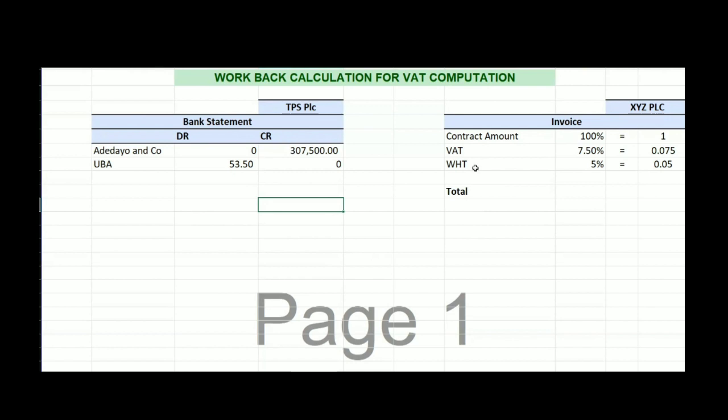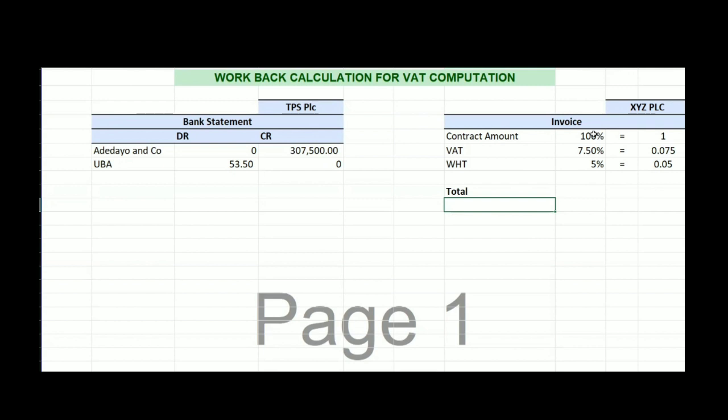And then most times it will have withholding tax, which might be silent, which is expected that you as the accountant or the tax consultant are meant to deduct withholding tax where necessary. So now I want to assume that the contract amount is always 100%, then your VAT, as of today, is still 7.5%. That's the VAT rate in Nigeria. And then your withholding tax, I'm assuming 5% for this particular illustration.